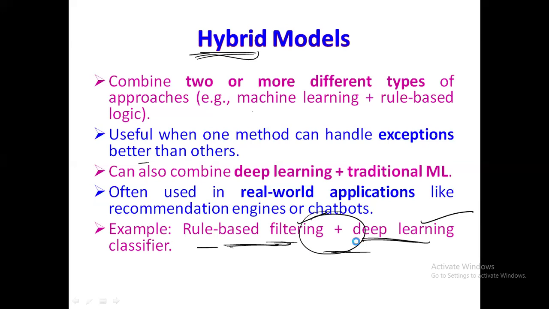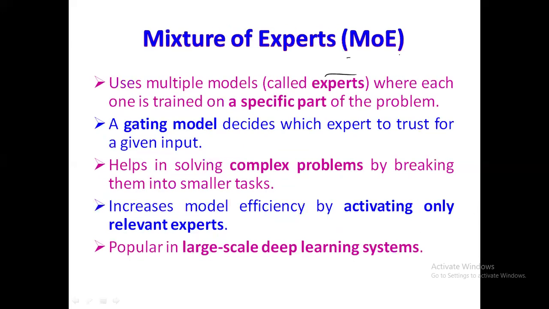Next, mixture of experts. We can call it MoE. The mixture of experts approach involves training multiple specialized models, each focusing on a specific part of the input space or problem. A separate model known as the gating network is responsible for selecting which experts should be activated for a given input.